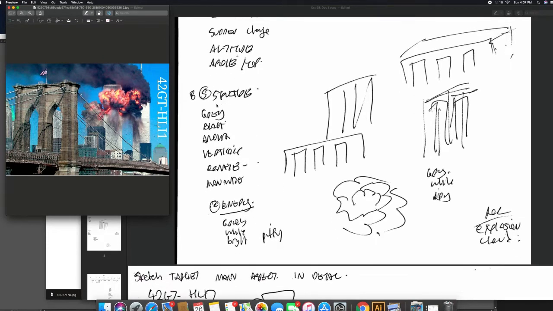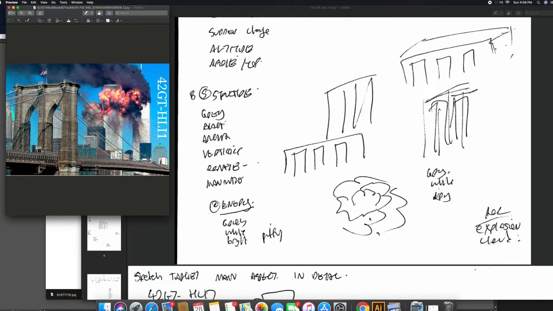For the structure, I had gray, black, angular, vertical, ornate, man-made structures, and I had some very brief visuals that passed through my mind's eye, and you can see the visual representations matching the target structure. Then I had a C aspect, which is energy, and I said gaseous, white, bright, puffy, explosive.